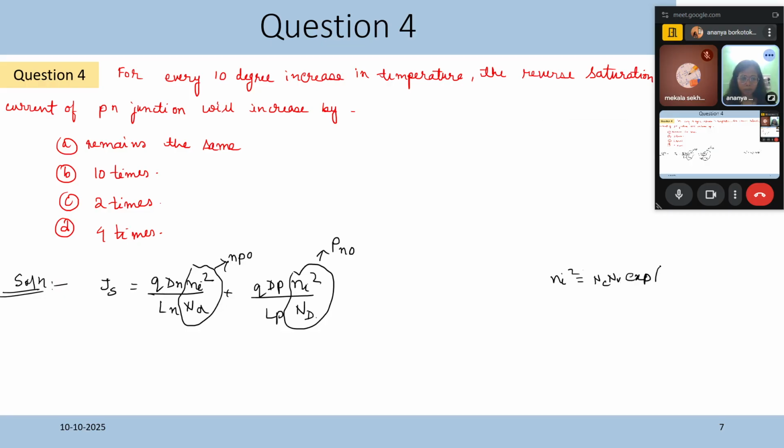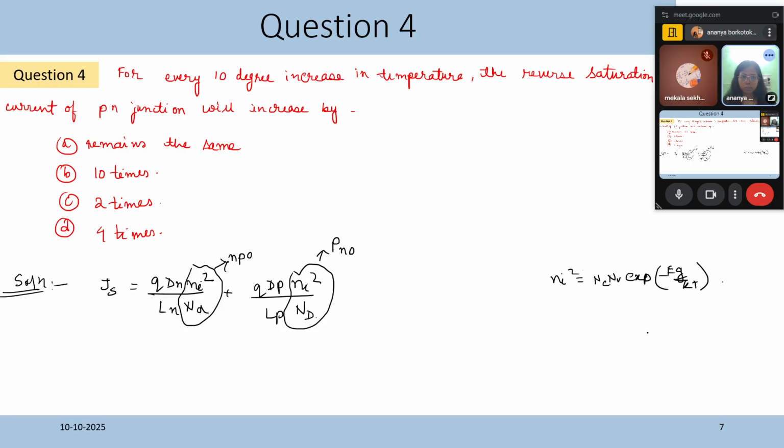So we cannot directly use this here, because this is not for a PN junction.